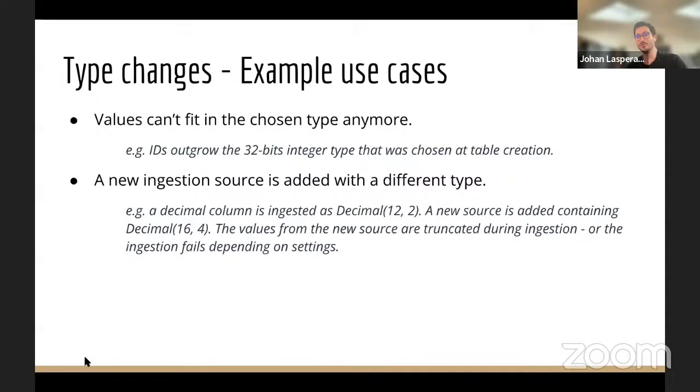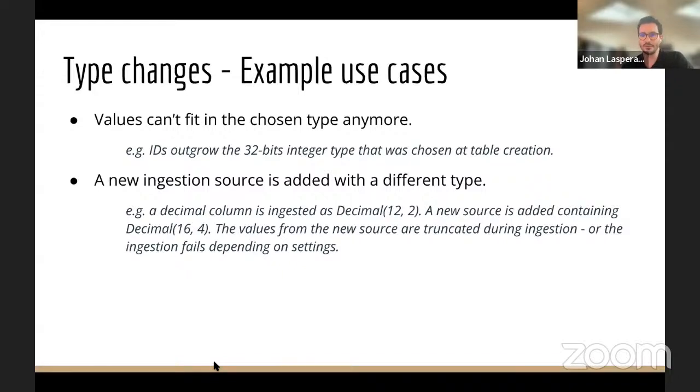But let's start with a few use cases to get some context about why users may want to apply a type change on an existing Delta table. So two fairly common scenarios: for example, you are storing an ID into your table. You created your table thinking that an integer, 32 bits, would be enough to store that ID.